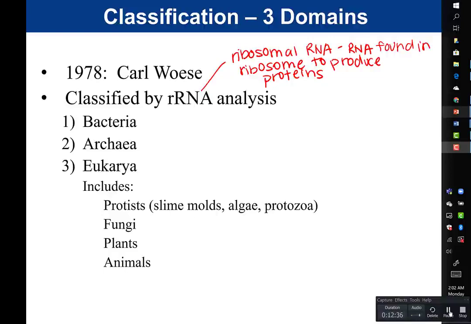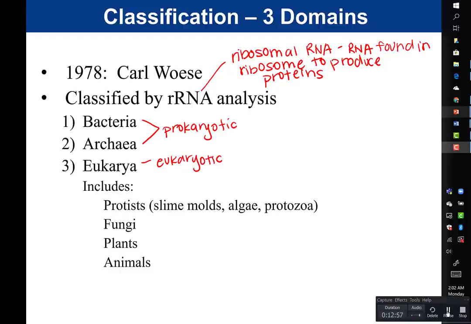Now, in our current system, we have a 3-domain system: bacteria, archaea, and eukarya. Bacteria and archaea, remember, are both prokaryotic, meaning that they lack that membrane-bound nucleus.